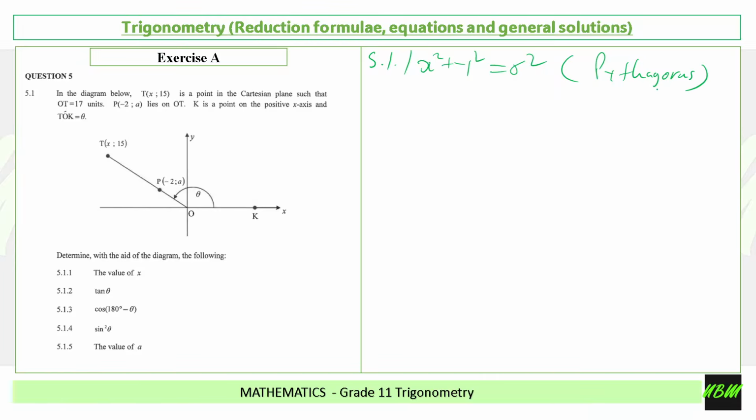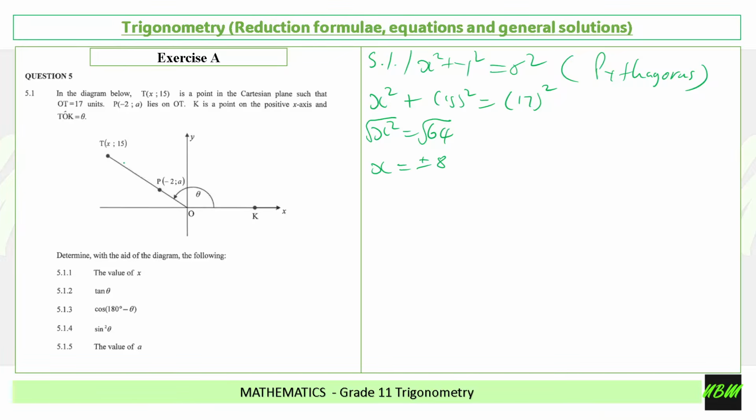So x squared plus 15 squared is equal to 17 squared. Then x squared will be equal to 17 squared minus 15 squared, which gives us 64. Taking the square root on both sides, x will be plus or minus 8.